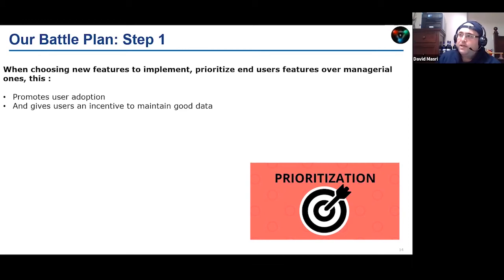And what it does is it promotes user adoption, because now they have a system that's designed for them and works for them, and it gives them an incentive to take ownership of their own data and to maintain it, because they're getting a good return on that data. Like, it's a good ROI for them, right?